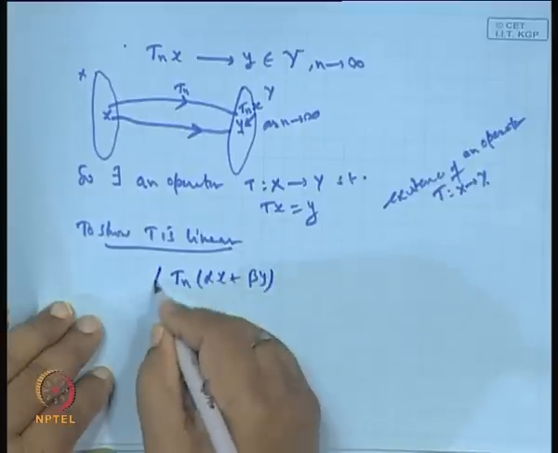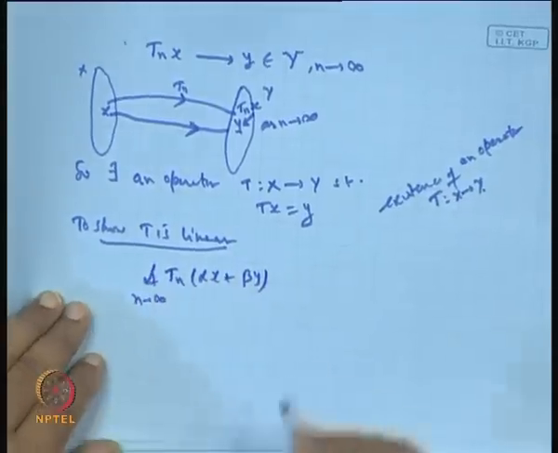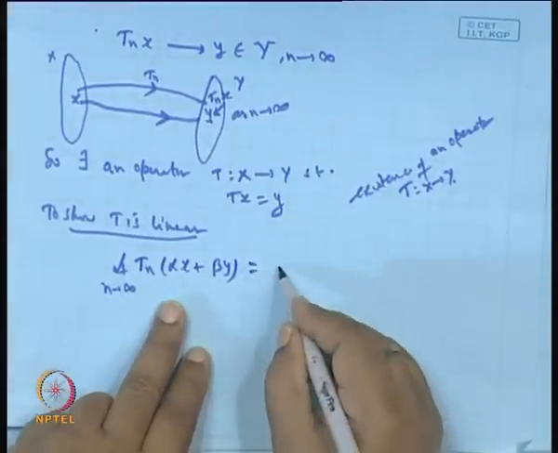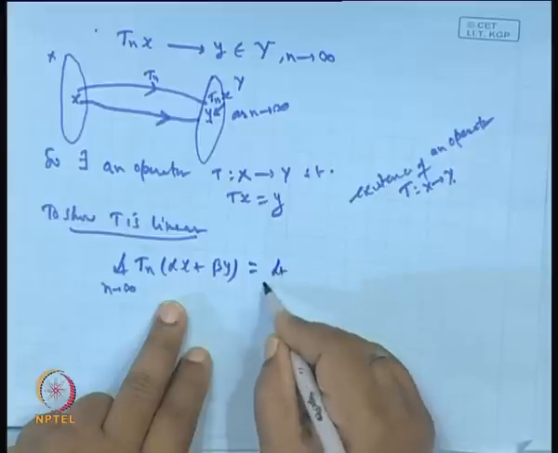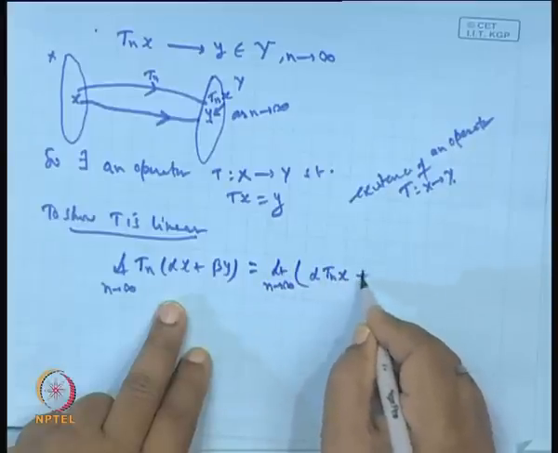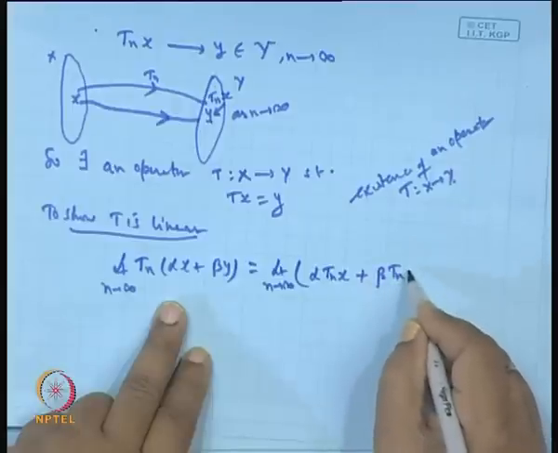Now, T is linear can be proved like this: limit of T n (alpha x plus beta y) as n tends to infinity. Now, since T n is linear, because of the property of linearity, this becomes alpha T n x plus beta T n y.